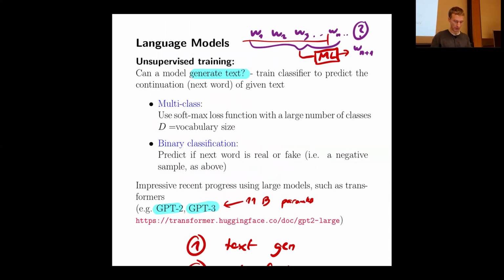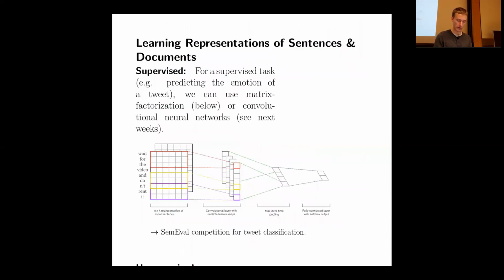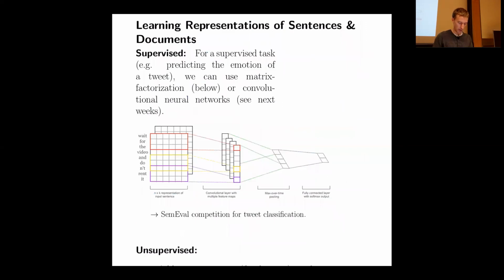Another way you could do this to get features for a whole sentence and not a single word is to use, for example, a CNN, a convolutional net. So what you would usually do is, for example, fill word vectors as the rows here. So here's a sentence. For every word, you fill the row vector with the word vector.